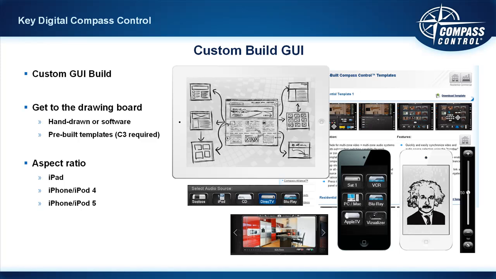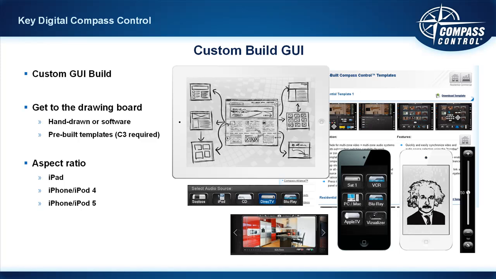So the pre-built templates are really useful though, because maybe you have this great idea, but maybe your job is 3 weeks from now and you really just need to get something going right away. Well, you look through our website on the pre-built templates Compass Control page, and hey, what do you know? We have something that looks a lot like what you're trying to do. And we would definitely still consider that to be custom, because then you're going to be tweaking those and making that your own.